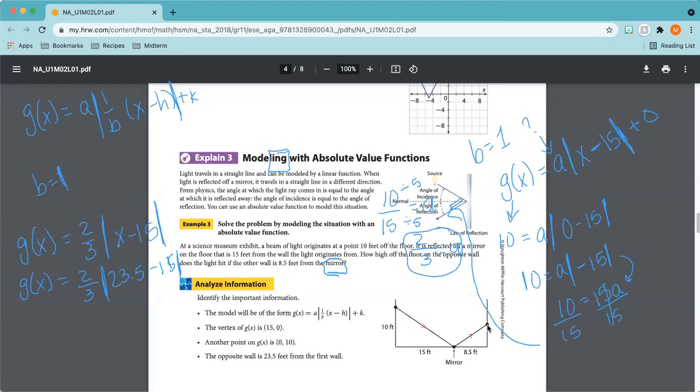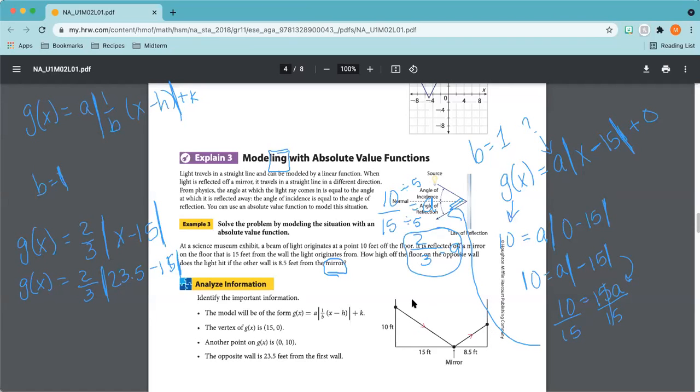Why would plugging it into the equation find that point? Well, it's going to find my y, because g of x is the same as saying y equals. So y is equal to this whole thing. Because this is 23.5 on my x, when I plug it into my equation, it's going to tell me what my y value is. So it's going to tell me how high up on the wall the point is.